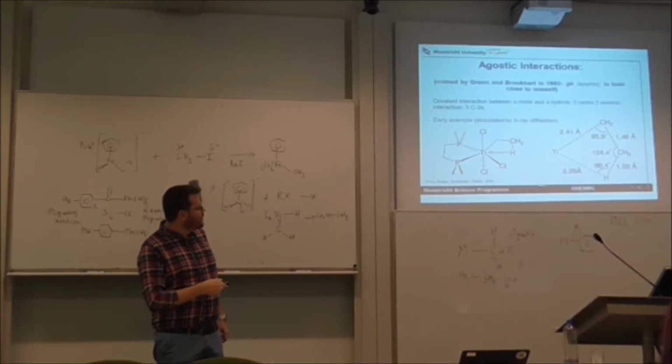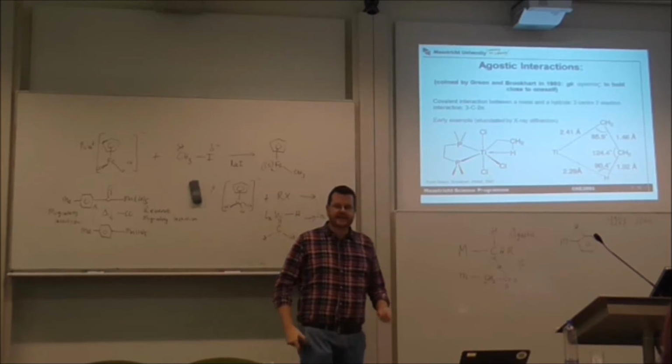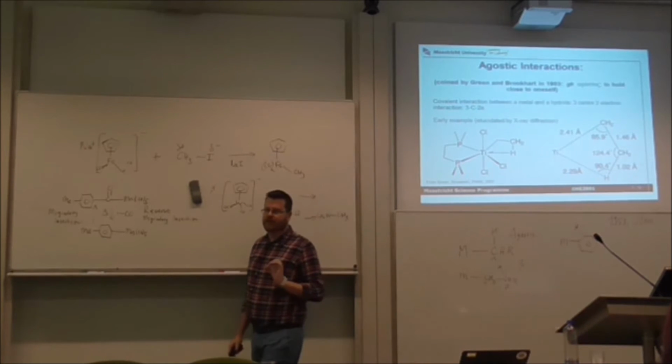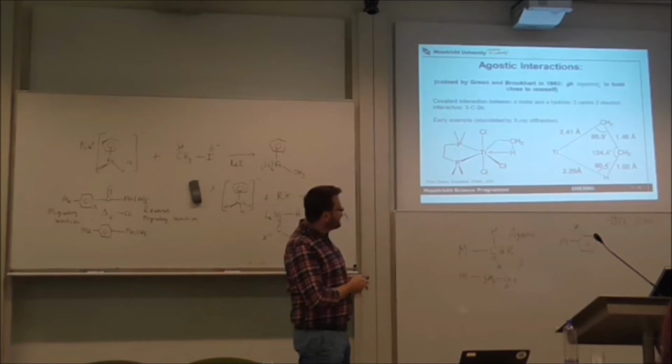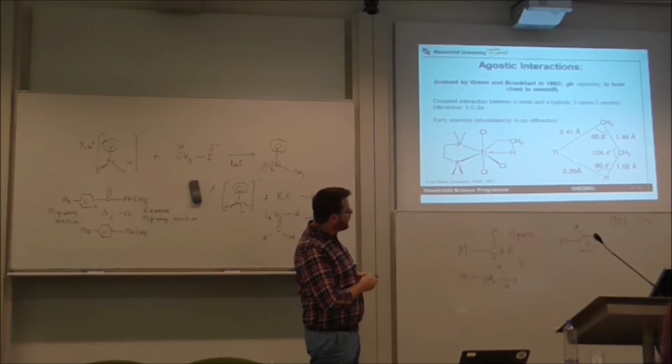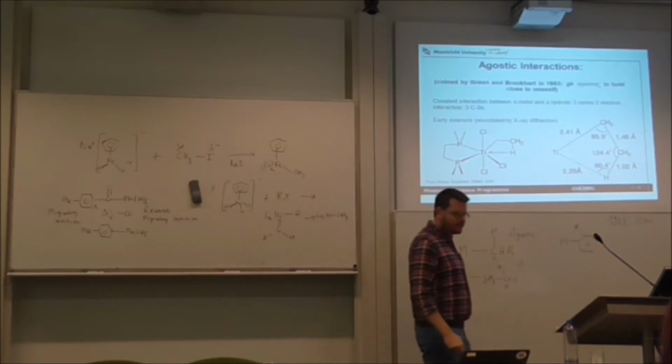And the first example of this in the literature is this titanium complex. They synthesized this and performed a single crystal X-ray diffraction analysis, where you can get very accurate bond lengths. And they noticed that the titanium-hydrogen bond length was 2.29 angstrom.